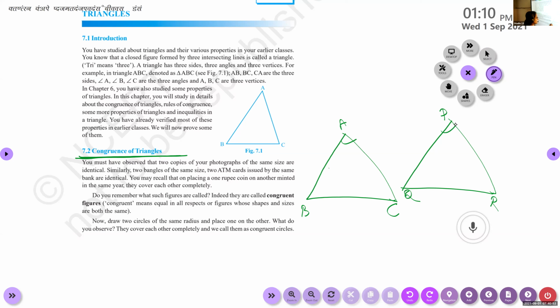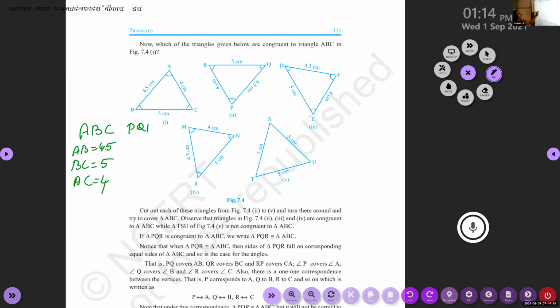First, we will check ABC and PQR. In triangle ABC, AB is 4.5, BC is 5, AC or CA is 4. And in triangle PQR, PQ is 4.5, QR is 5, and RP is 4.